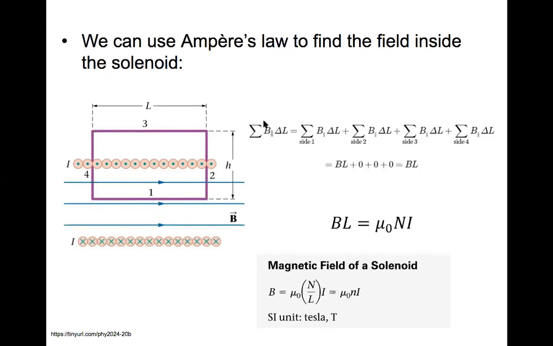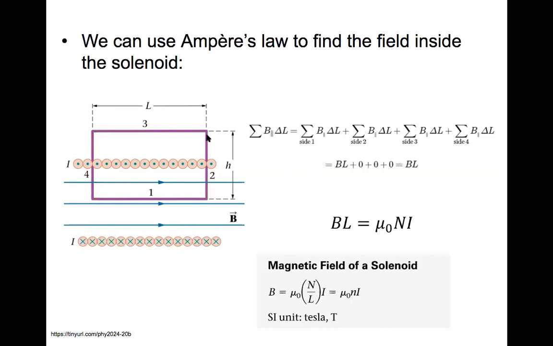Overall, this is a summation over all four sides. The first side is B parallel times delta L, which is L. On the second side, you take the parallel component of the B field to the segment.